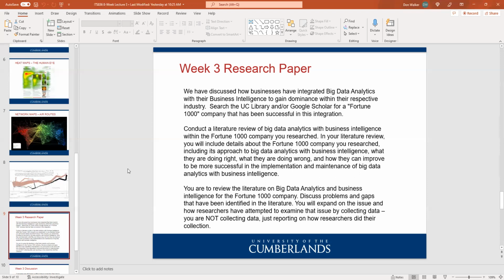Fortune magazine publishes the Fortune 100, which is the top 100 companies. Most people are familiar with the Fortune 500, the 500 largest, generally U.S. companies. There are international lists as well, but you need to find out what companies are on the Fortune 1000.